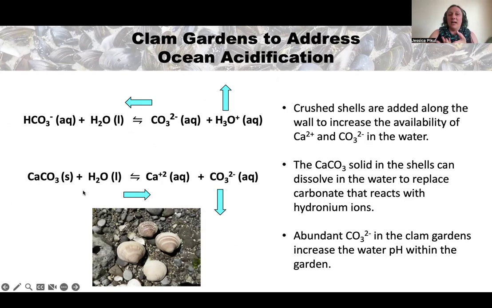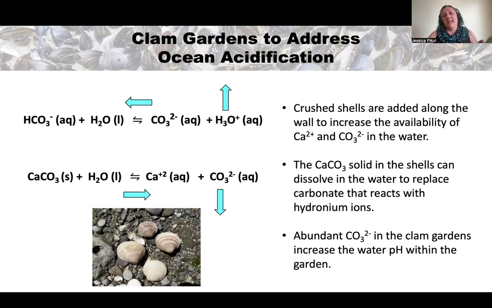If we have lots of calcium carbonate solid around, as that carbonate concentration decreases, more of those shells can dissolve, creating a higher concentration of calcium and carbonate, replacing that and creating a better balance. So this is essentially putting a lot of excess calcium carbonate into that environment. It makes those ions readily available to the shellfish that are growing.